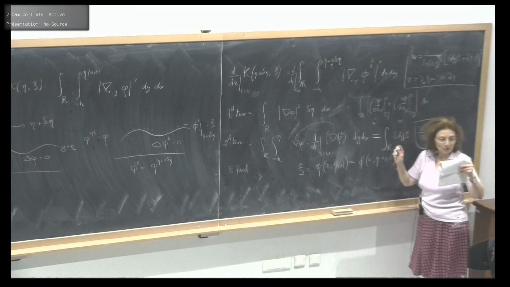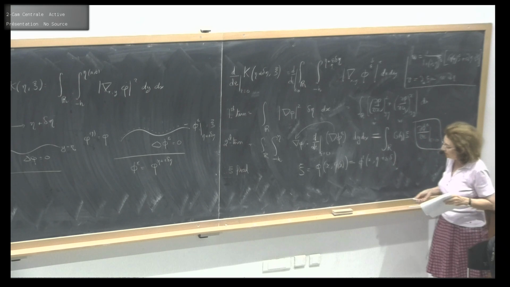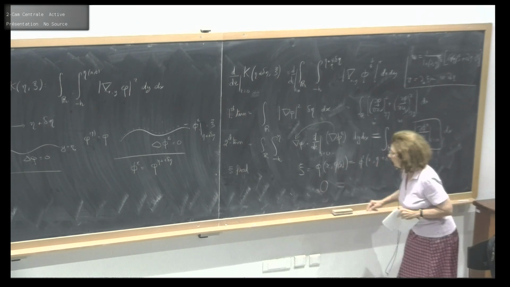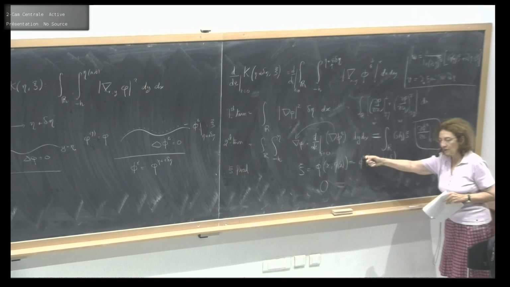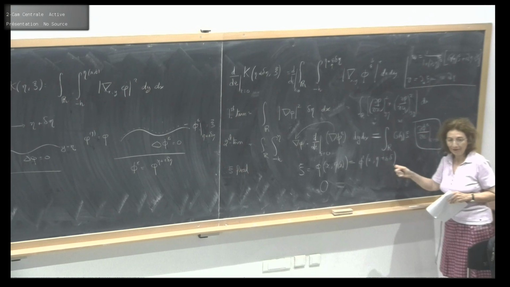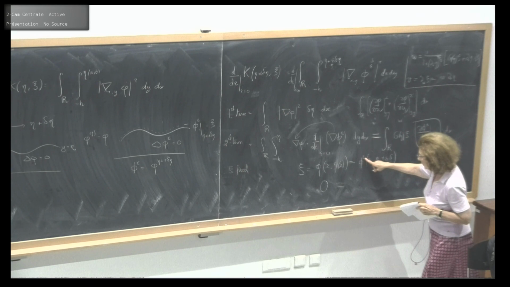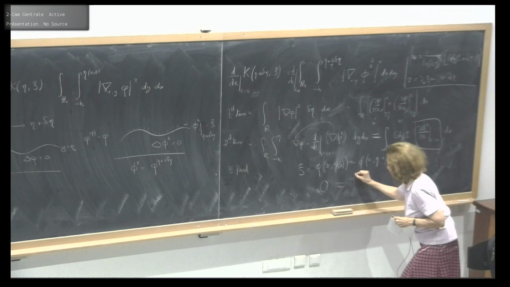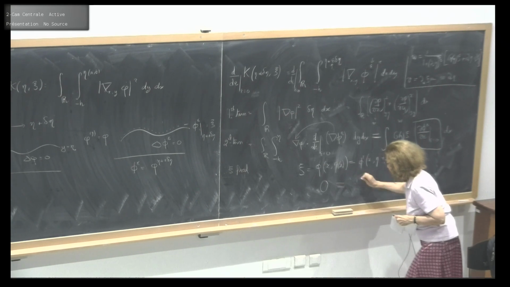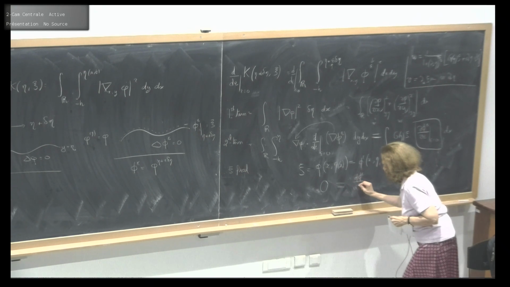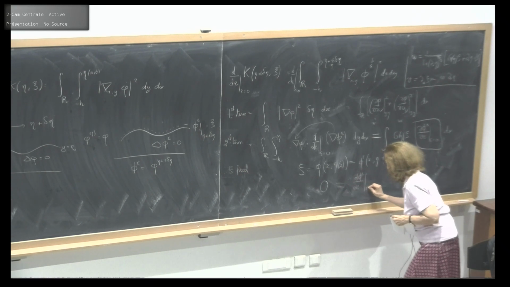Okay, so I differentiate with respect to epsilon. I get 0 equals d d epsilon of this. And here there are two terms again. There is one term when I differentiate this one, so it's d phi epsilon over d epsilon at epsilon equals 0.